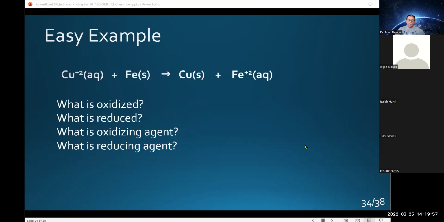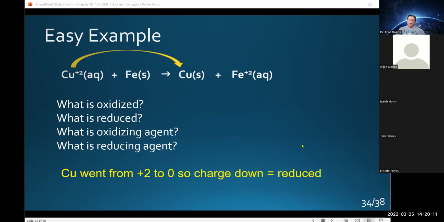Okay, for example, we have this reaction where we have copper 2 in the presence of iron, reacts to give you the copper metal and iron 2. Okay, so copper 2 went from a +2 oxidation number to a 0 oxidation number. And so in order to go from a +2 to 0, it must pick up 2 negative values, 2 electrons.